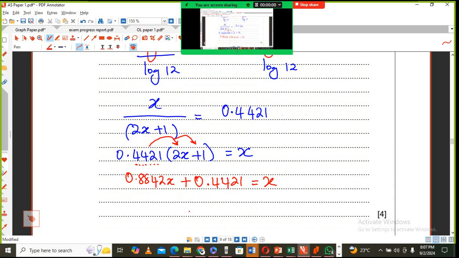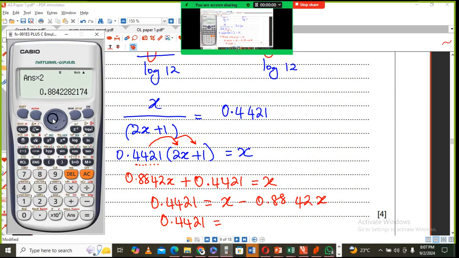We are together so far? So 0.4421 equals x minus 0.8842x. So at the end of the day, if I grab my calculator, I'll just say 1 minus 0.8842. Just ignore the negative answer there. 0.1158.